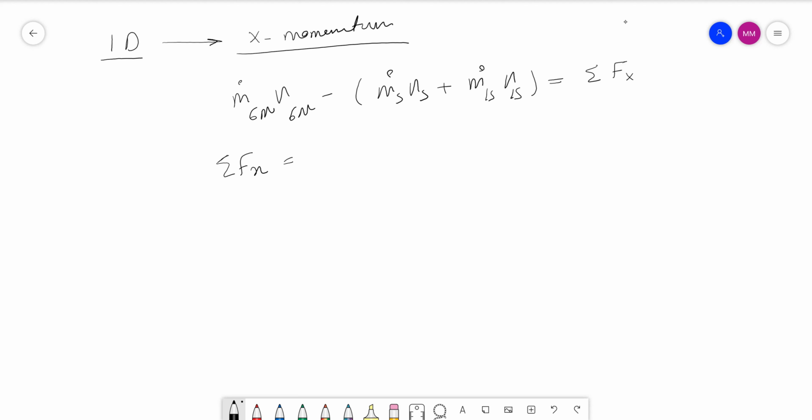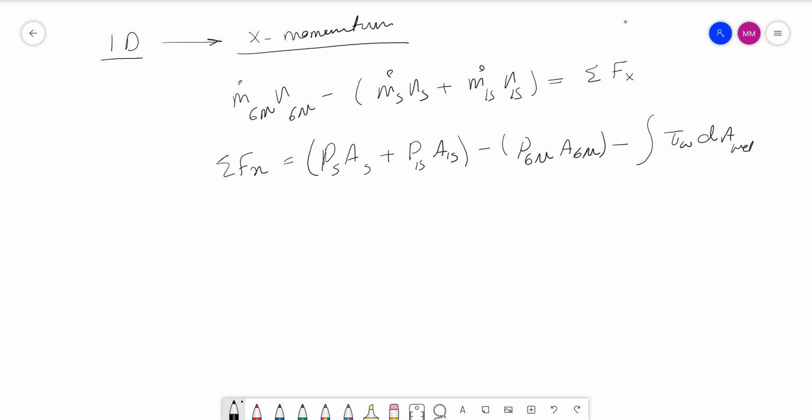We have the pressure forces, of course. The pressure force at the inlet is going to be P5 A5 plus P15 A15, minus the pressure force of the outlet, which is P6m A6m, and also the viscous forces of the wall, which is the integral of wall shear stress with respect to the wetted area.